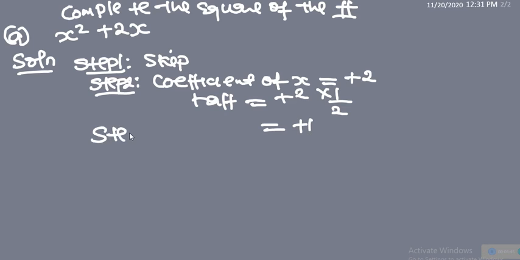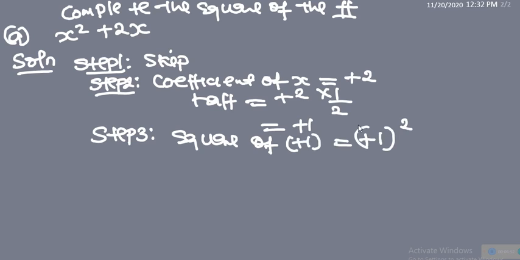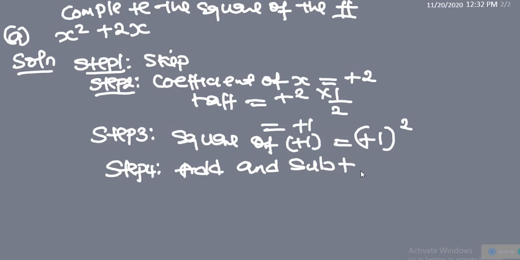Then step 3 says you should square the half. The square of plus 1 is (+1)². And step 4 is to add and subtract the square. Add and subtract (+1)² and then factorize.